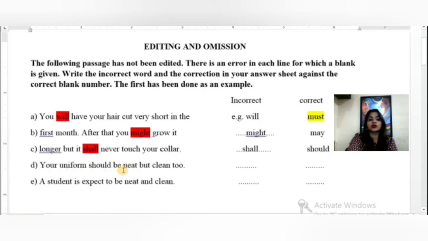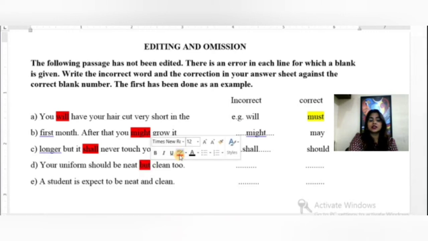Your uniform should be neat but clean too. Your uniform should be neat and clean too. Because when we see this conjunction but, it's a coordinating conjunction. When we see these two words, neat and clean, they are of the same class.